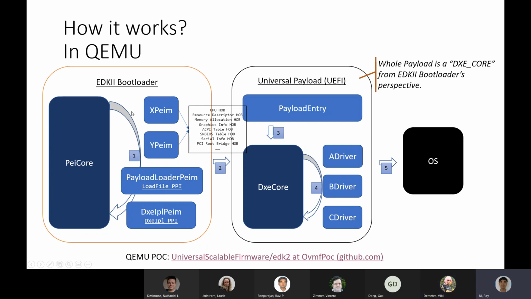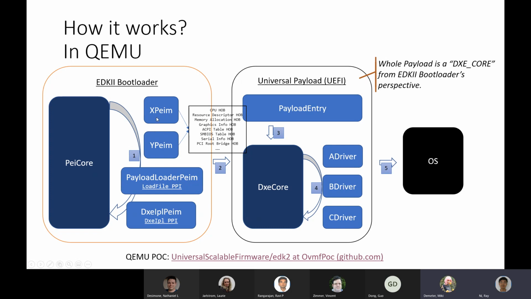The first part is the EDK2 bootloader. The second part is the EDK2 payload. And the first part will still execute almost like the ordinary EDK2 or UEFI firmware, but there are some differences.